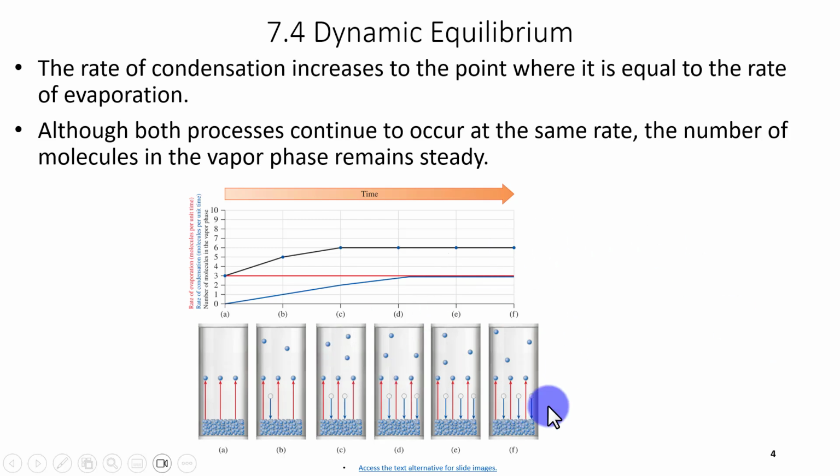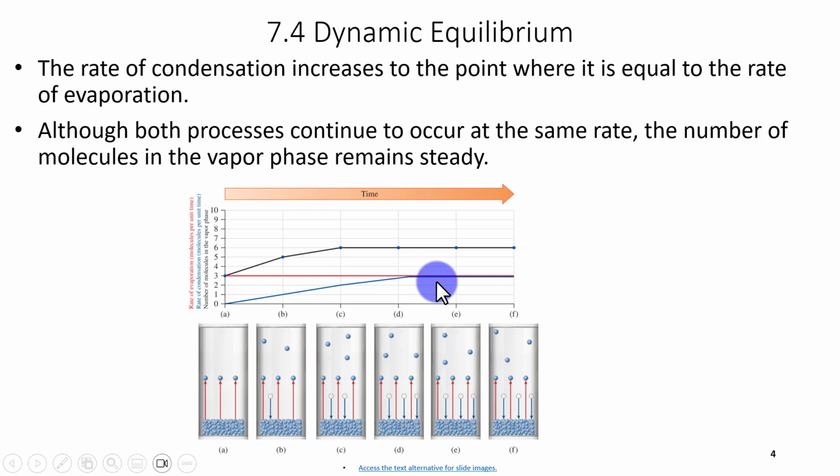Similar idea here. There comes a point in time where the number of particles in the gaseous phase doesn't change anymore, but those particles are not the same as what I started with because I'm constantly recycling them, if you will. Here's a graphic description of what we're looking at here, right?